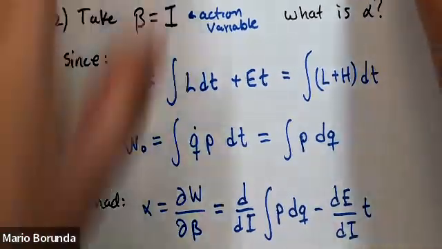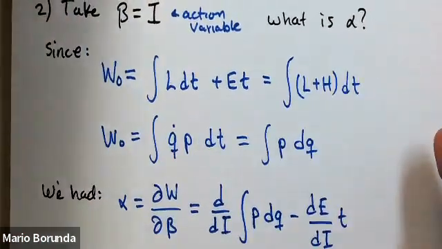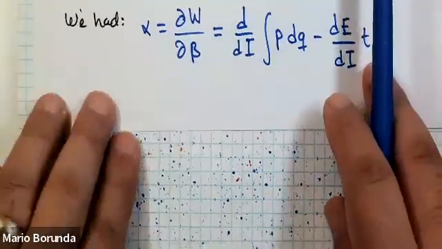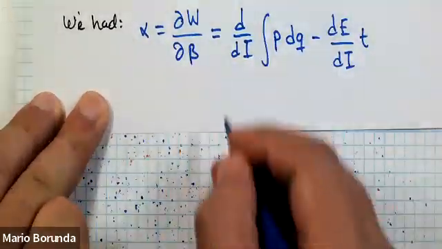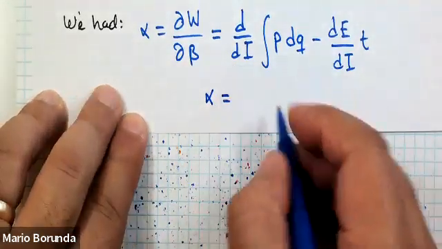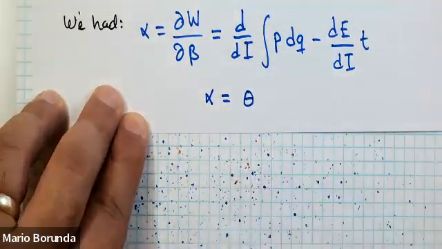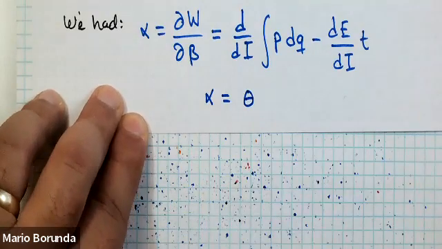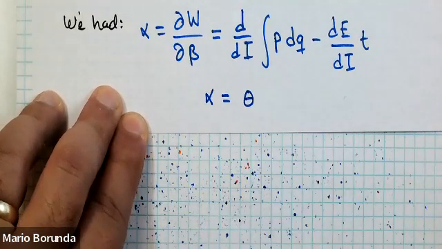So if you look back at your definitions, what we have then is that alpha is equal to, and from the first one, we have the action variable, the action angle as our answer.